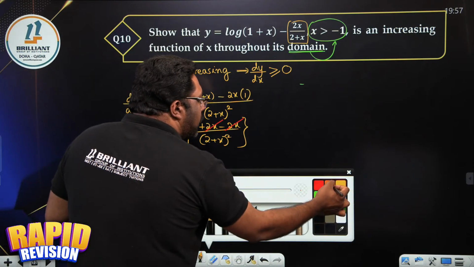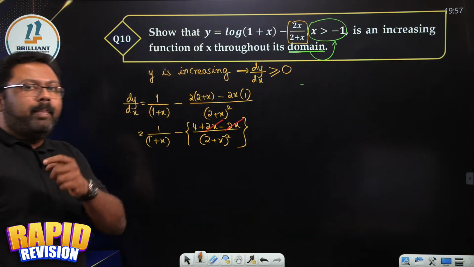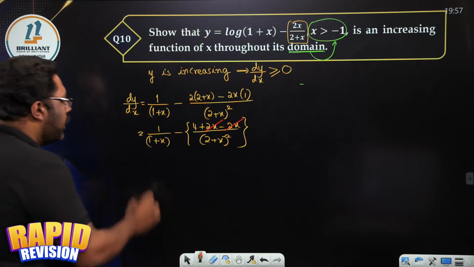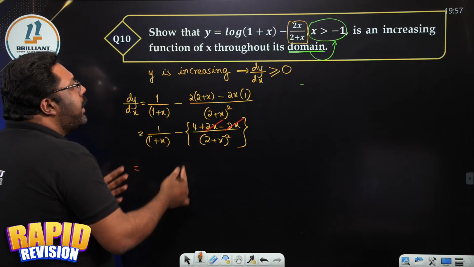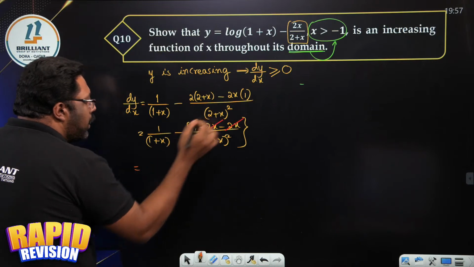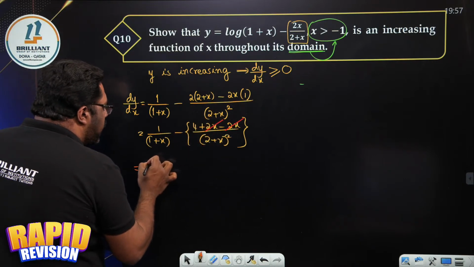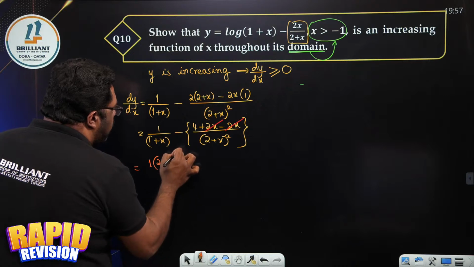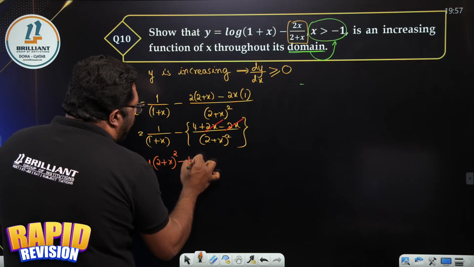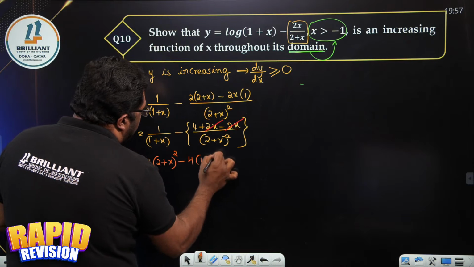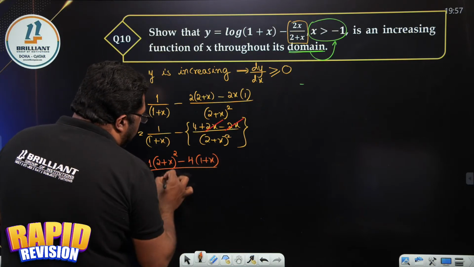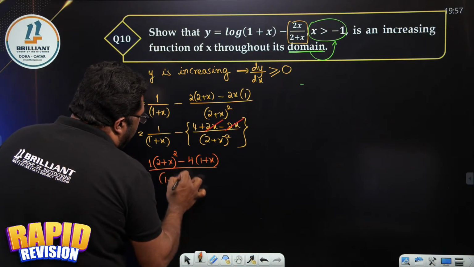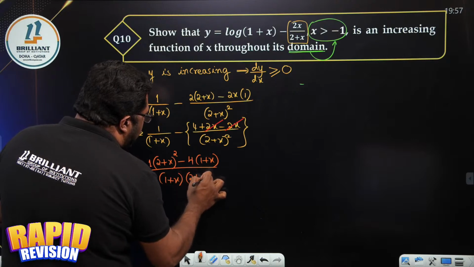Now the remaining steps are very important, because you have to show that it's greater than or equal to 0. You cannot simply show it just taking the LCM here. 1 into 2 plus x squared minus 4 into 1 plus x whole divided by 1 plus x into 2 plus x squared.